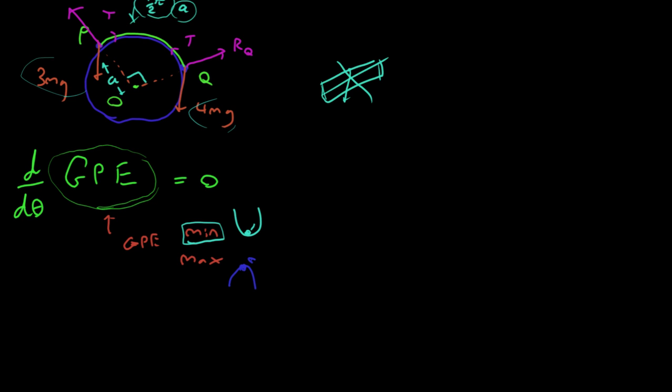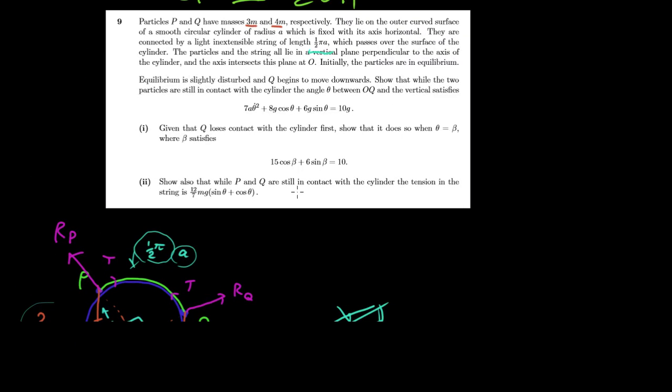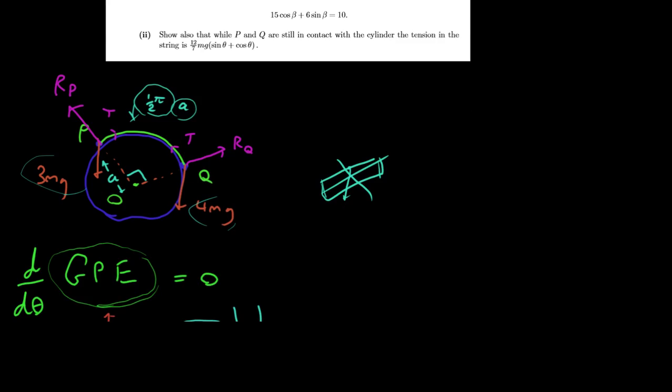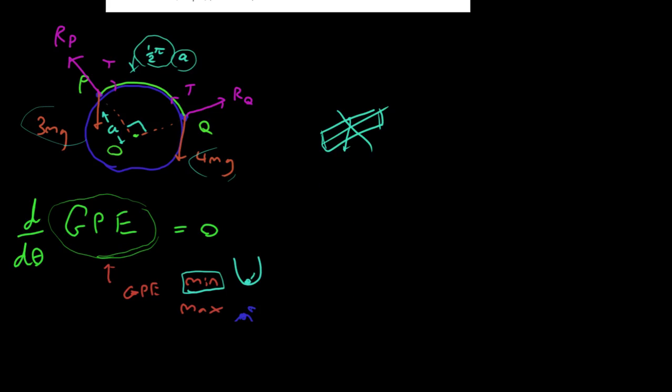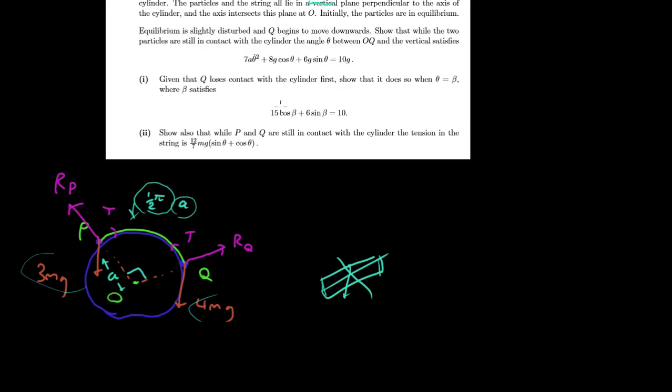So, in short, we can answer this question by finding an expression for the gravitational potential energy. If we find that, it's given us the angle theta, and it's between OQ. So if we draw a line like this going up, then this here will be theta.